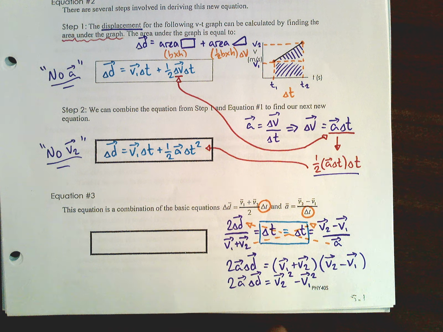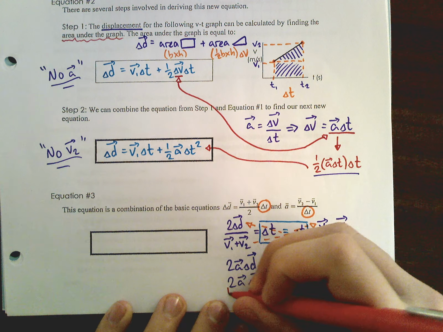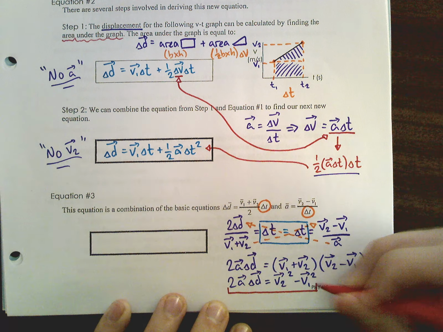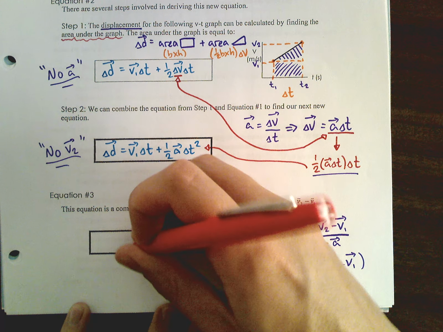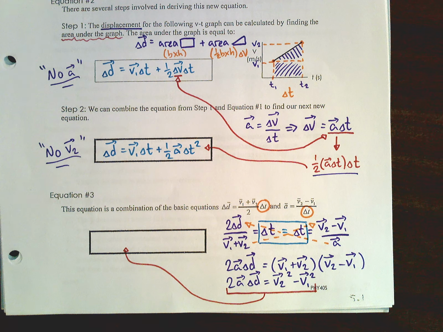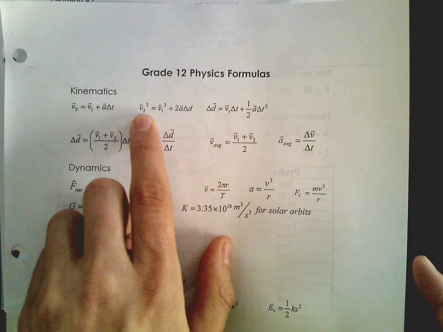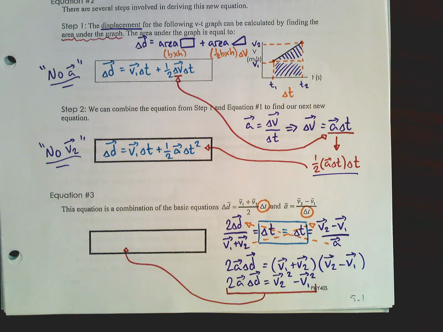So this is a perfect start. This is a fantastic start. This is exactly what we want to end up at. Kind of a weird little combination of those two. And my final step here is just to bring them up here. And what I'm going to do is isolate for V2 squared, because I'm just looking at my formula sheet here and it's isolated for V2 squared.